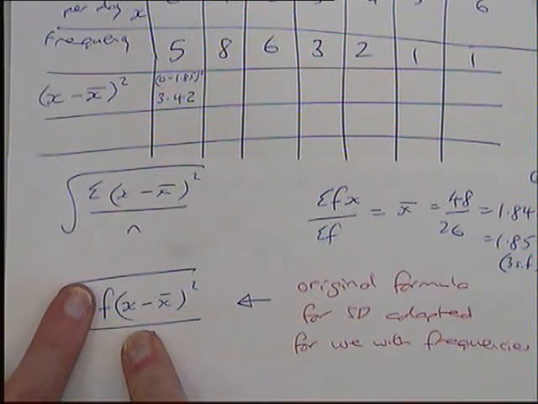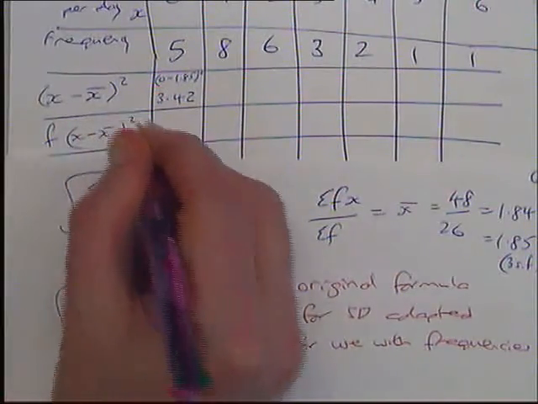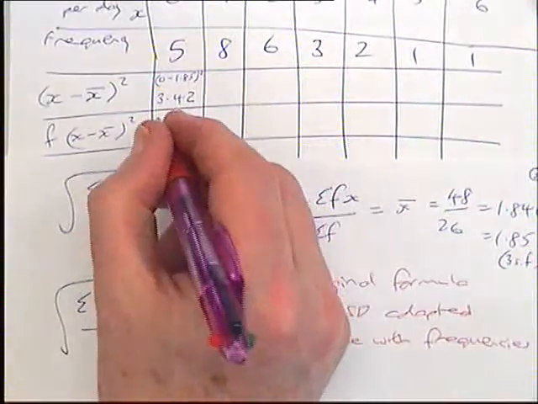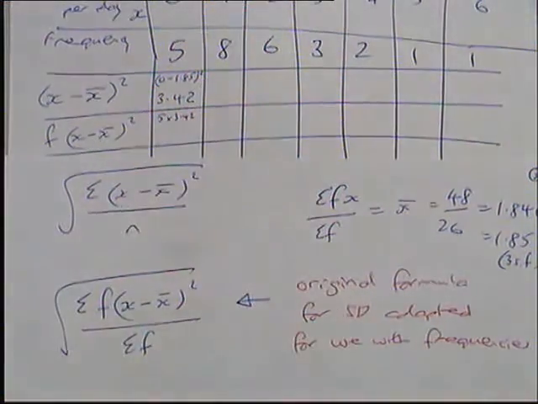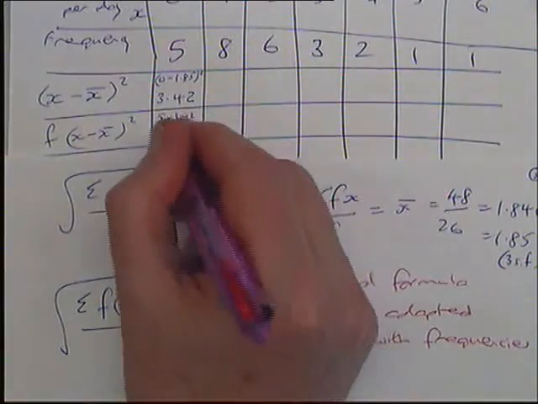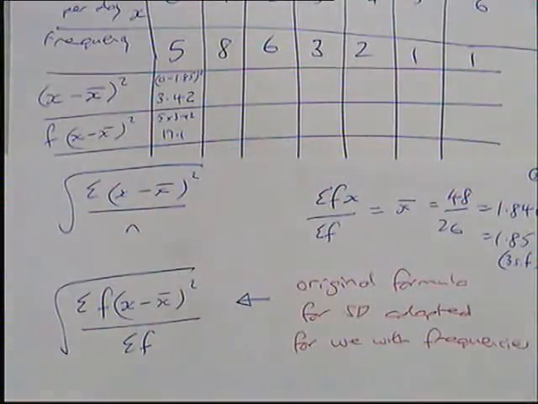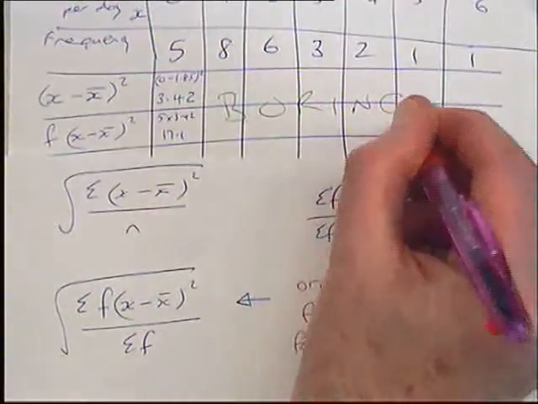I would next have to times that by the frequencies. So my next row here would be f times by that. So I've got to do my frequency 5 lots of that 3.42. What would that be? 17.1. And we'd have to do all the way across. But we're not going to, because doing that would just be boring.